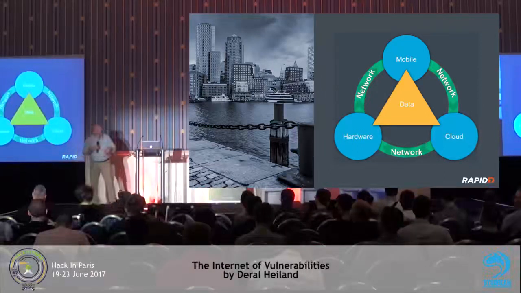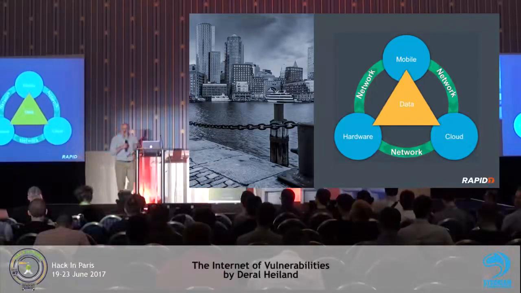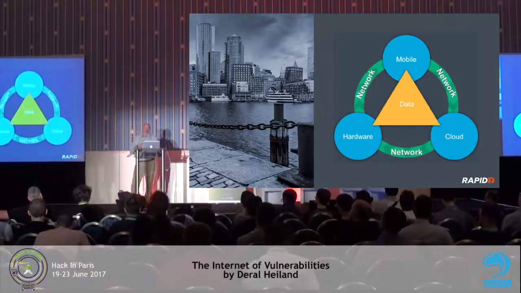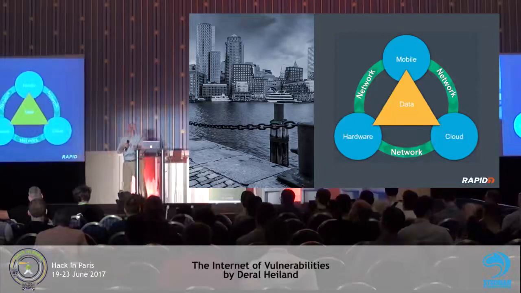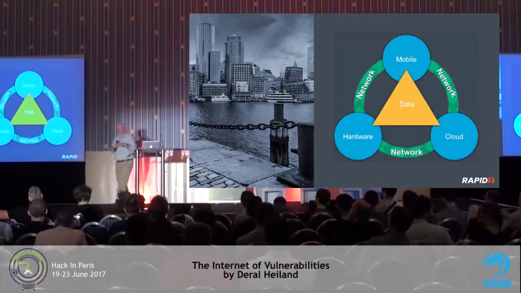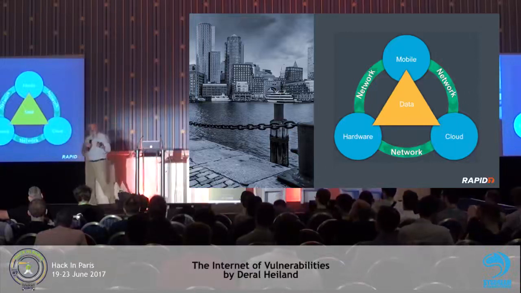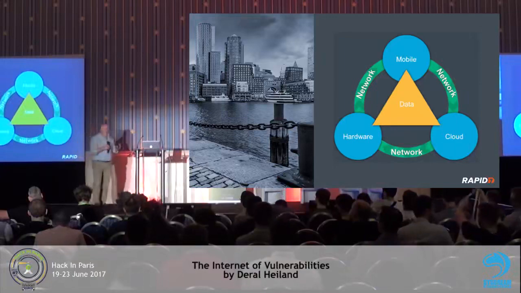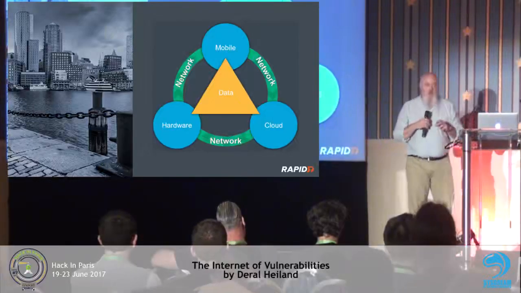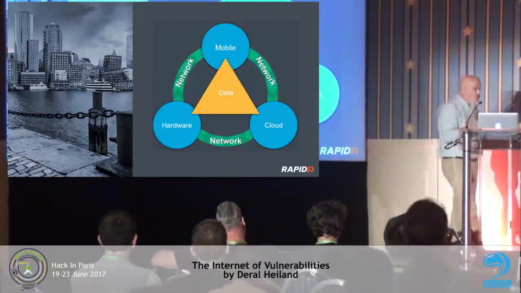This is a model that I try to focus on anytime we're doing research or assessing IoT. Specifically when you're talking about consumer-based IoT, we have the mobile, the cloud, the hardware, and of course the network communication, which is used to move commands and data back and forth. It's important to focus on all of these, because each one of them affects the overall security model of that particular product.